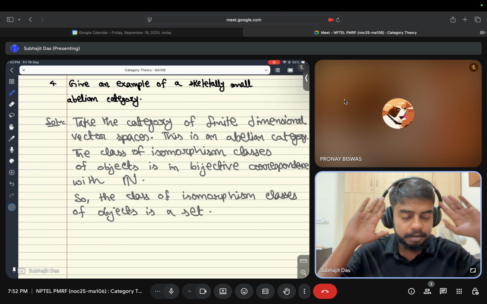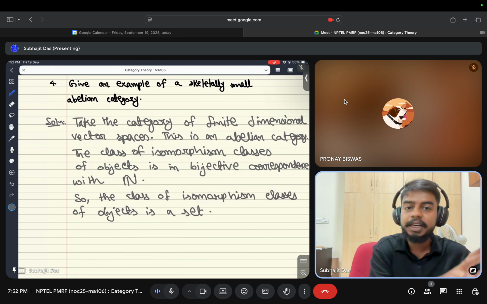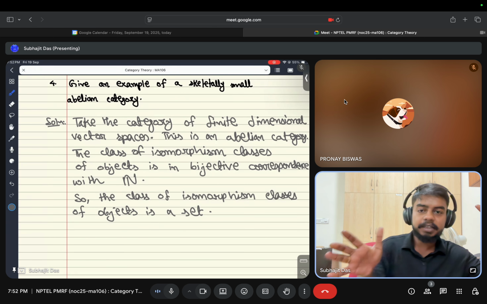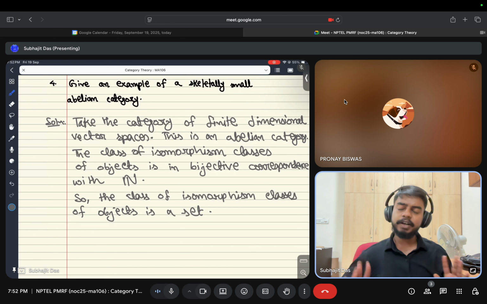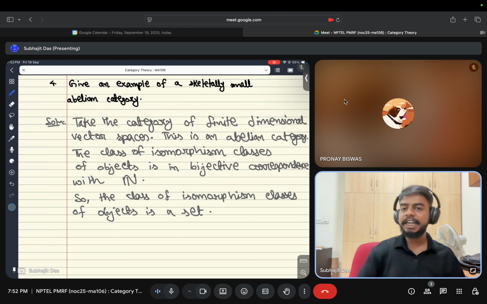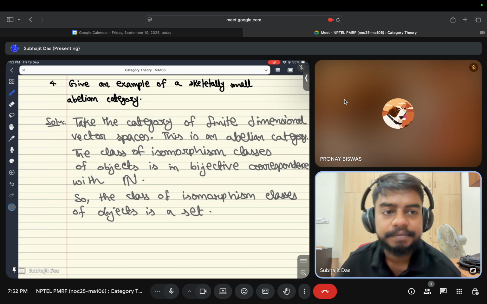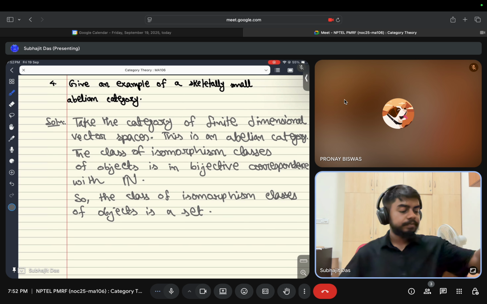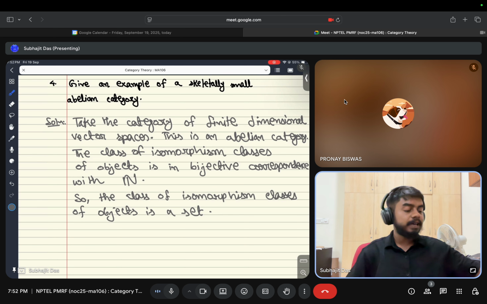Oh, sorry, what I mean to say is finite dimensional K modules are abelian for any field K. In general, for any ring R, R-mod is abelian, but finitely generated R modules need not be abelian unless R has some nice properties. Okay, so the class of isomorphism classes of objects is a set.